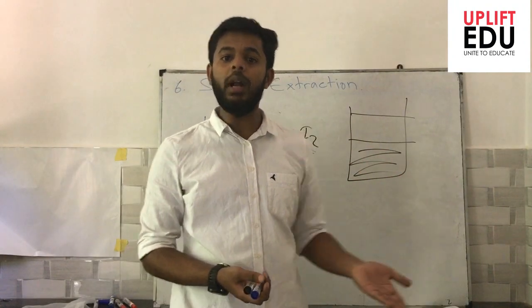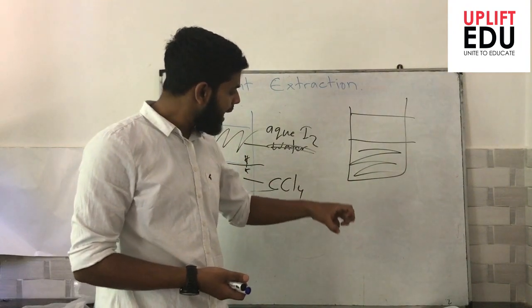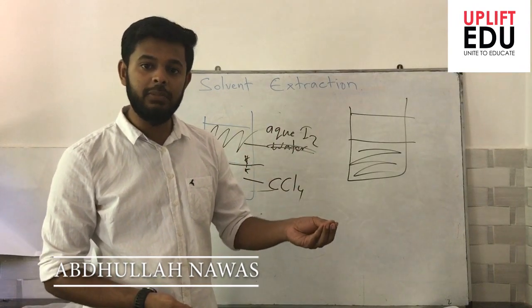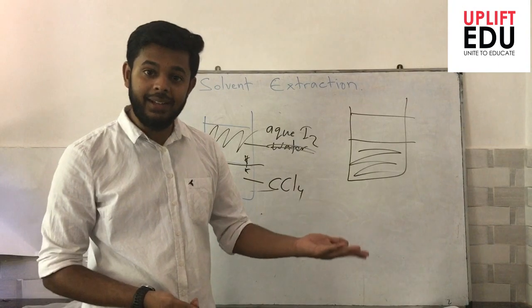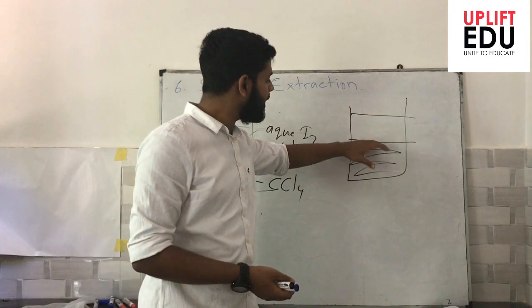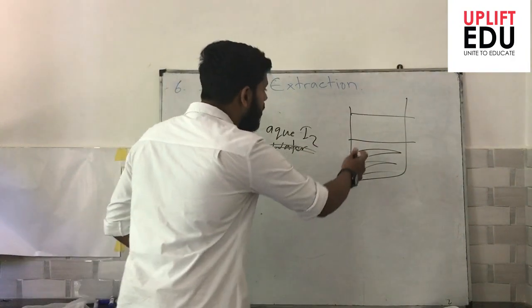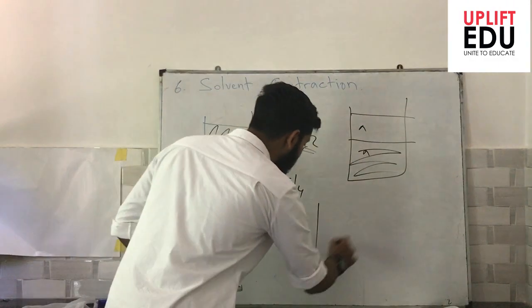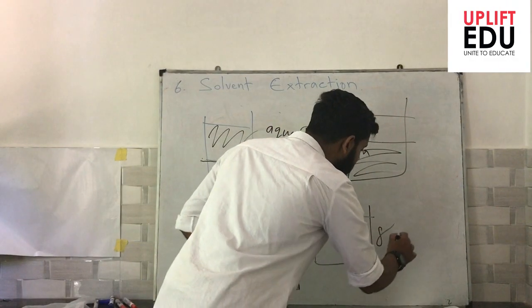So in a laboratory, what we do is we take this small quantity and extract only the factor that is responsible for the medicine, or the factor that is responsible for fragrance, and we separate it using a solvent, right? In this case, we can separate the water and carbon tetrachloride solution, and we take the CCl4 and iodine.